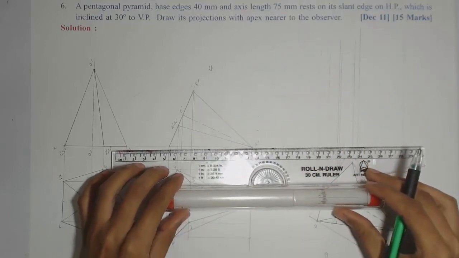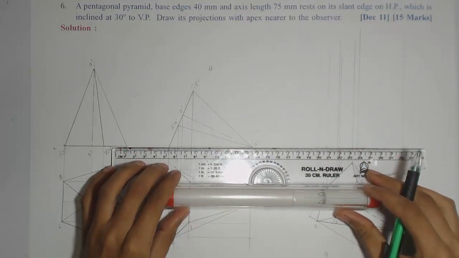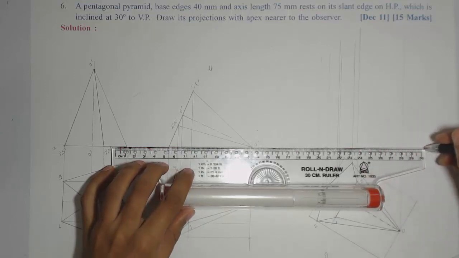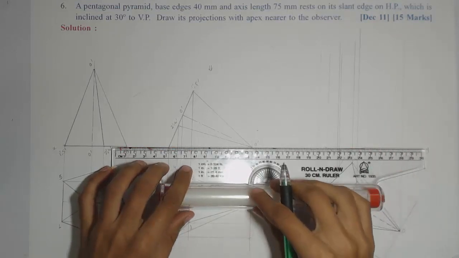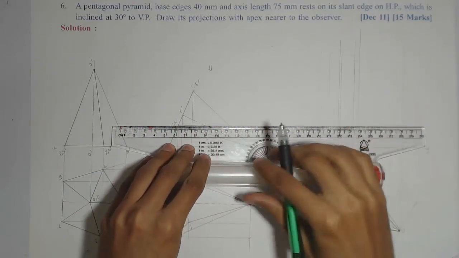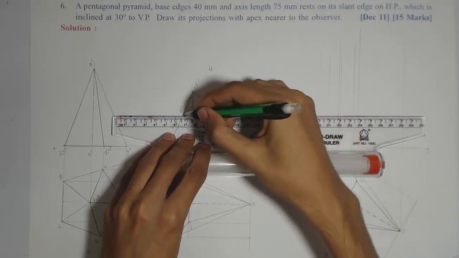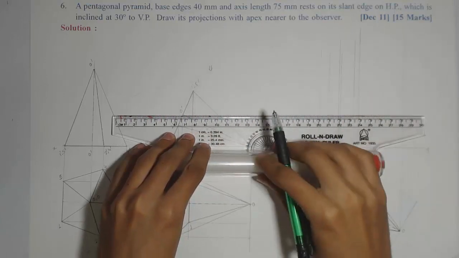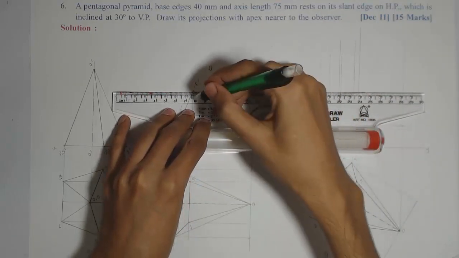I will project corresponding points from the front view also. So we'll first extend this XY line. Then first 2 dash, 4 dash, then O dash, and then 1 dash, 5 dash.